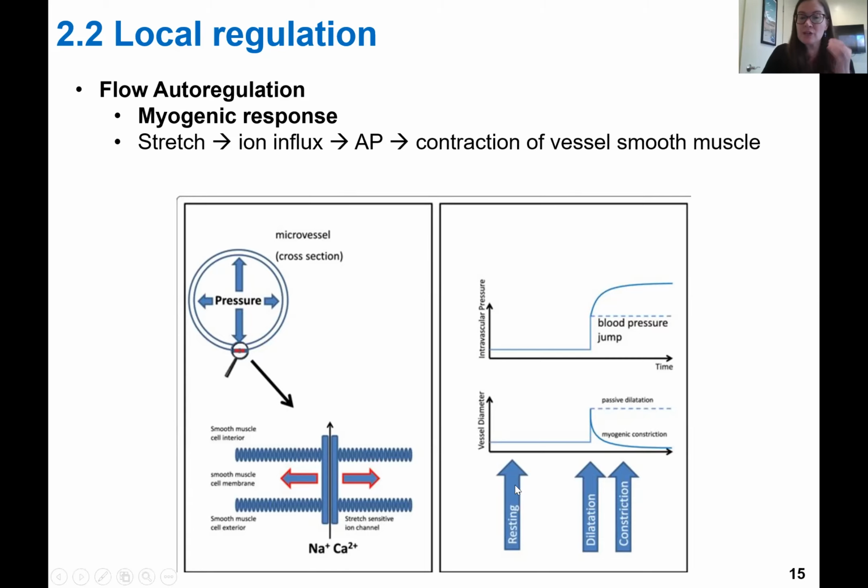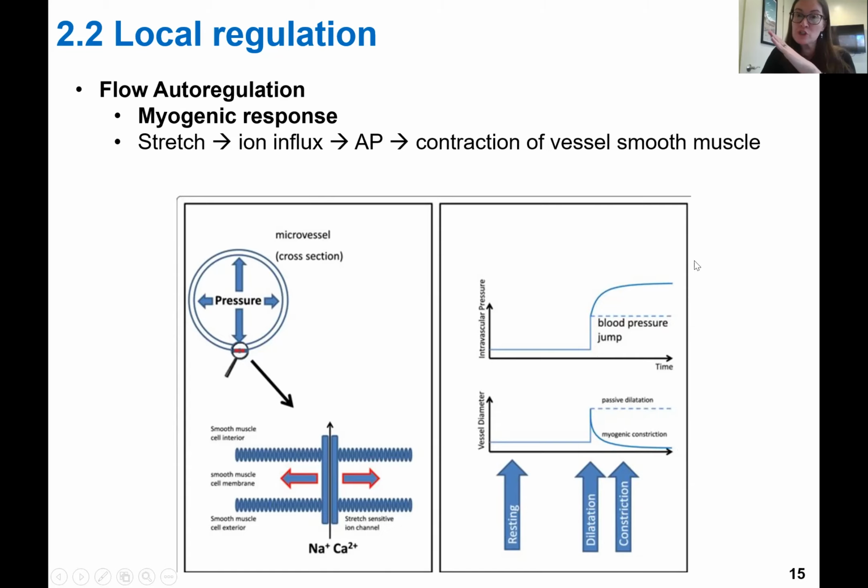So both of these things are going to lead to more cross-bridging, more force. And what you can see is during a resting state, your vessel diameter is going to be at a small state, and the pressure is going to be low. But then, as you say, start exercising, and you're pushing more blood through that vessel, then the blood pressure is going to jump, and the stretch, that myogenic response, is going to be to counter with contraction and keep the flow the same so that the diameter comes back.